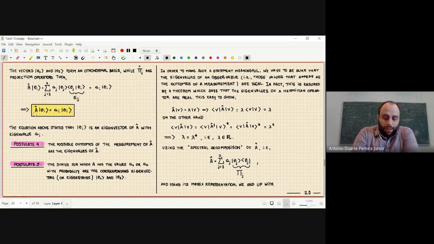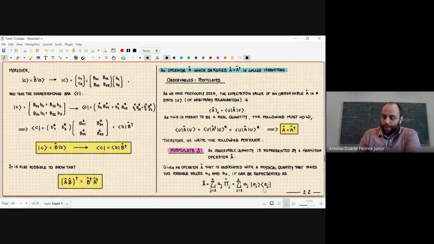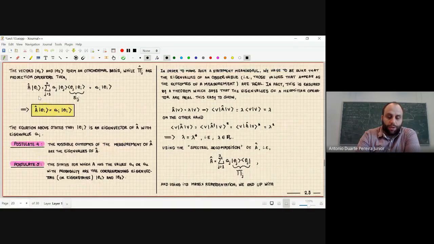So what I'm saying here is that I started by writing A hat as an observable in this way, right? I expanded it as the outcomes times this outer product. And with this manipulation here, I'm concluding that these vectors e_i are eigenvectors of this operator, and the outcomes of the measurement, the a_j's, are eigenvalues of this operator.